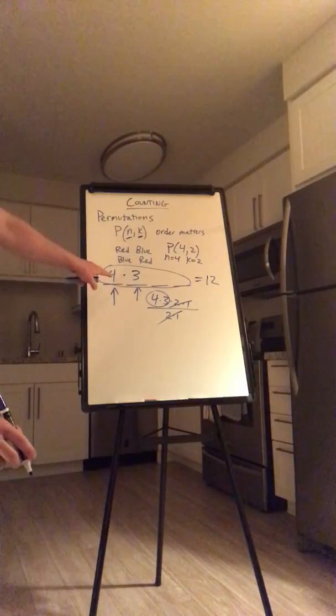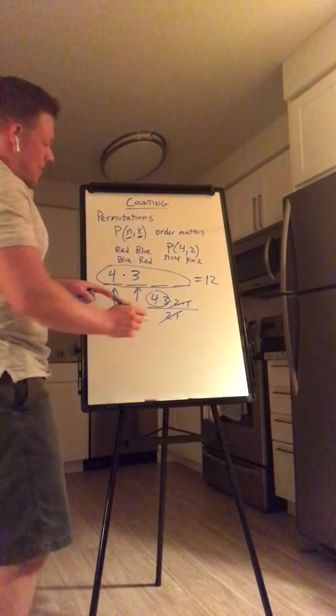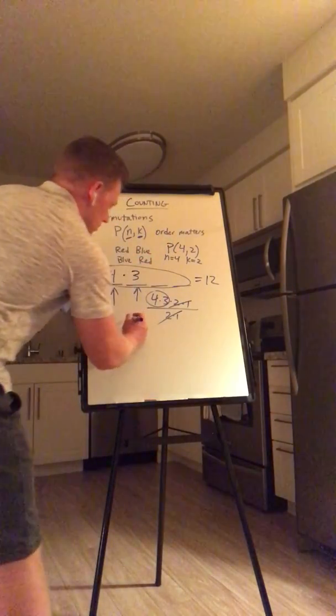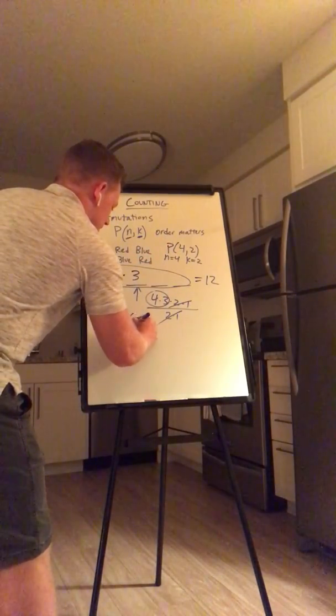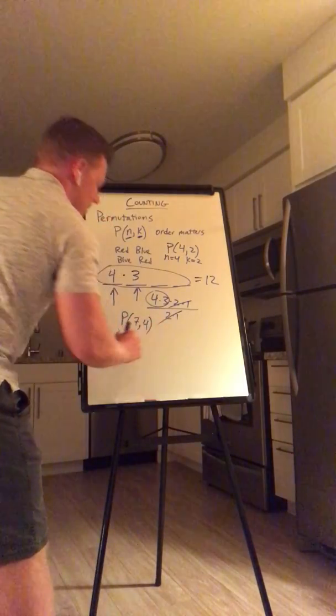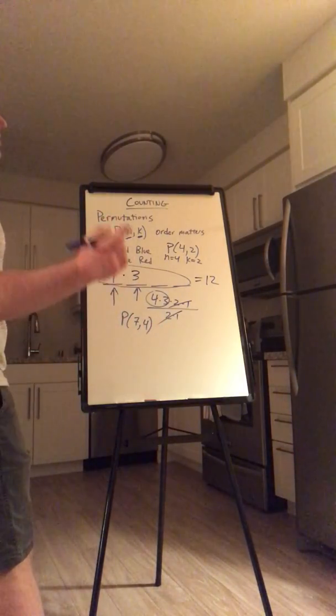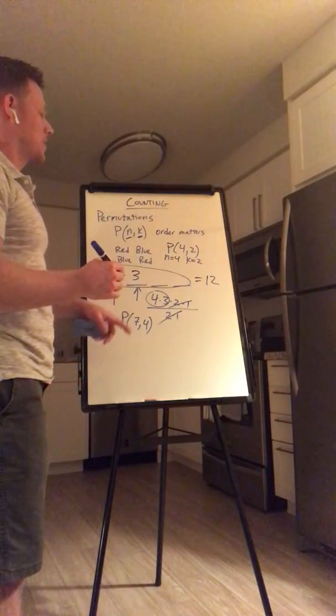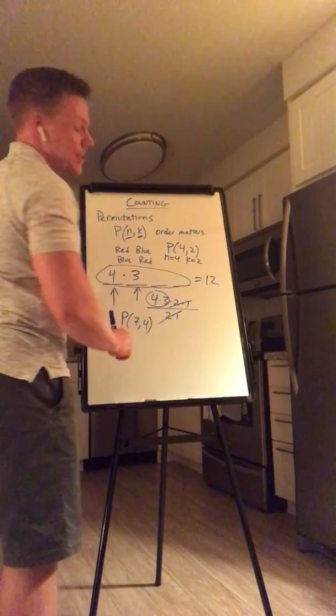The reason I say this is because let's say I was doing the permutation of 7 choose 4. Well, I shouldn't say choose. That's terminology for combinations, which we'll talk about in a little bit. I should say the permutation of 7 and 4.